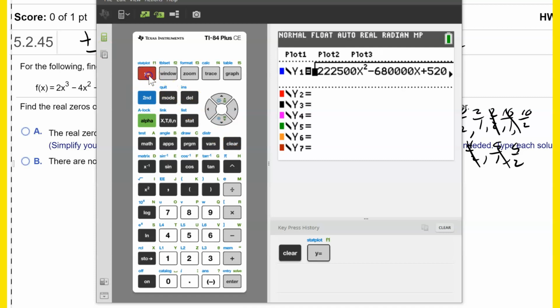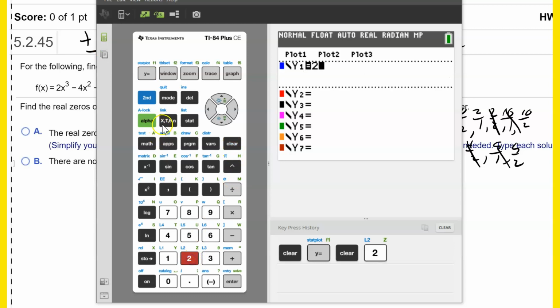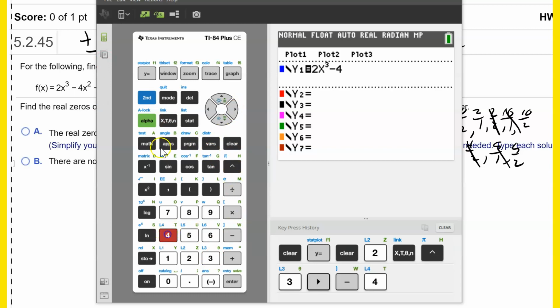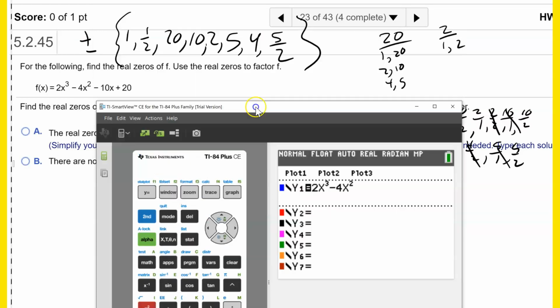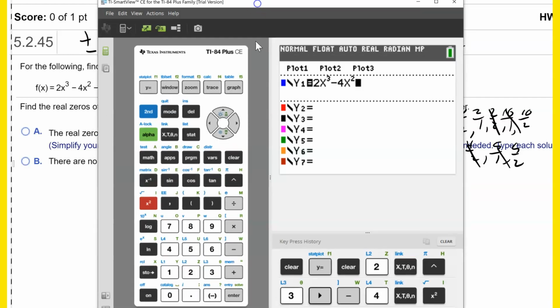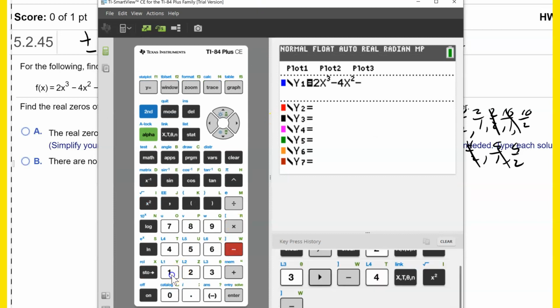One way to do it is type in this function in your graphing application, 2x cubed minus 4x squared minus 10x plus 20, and then graph it.